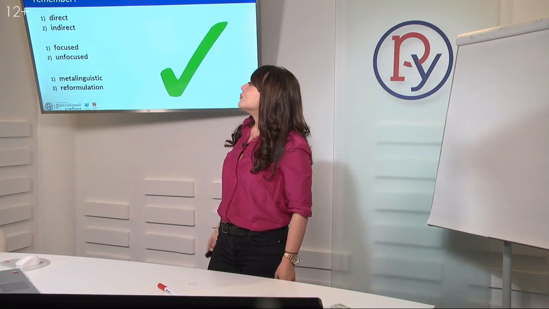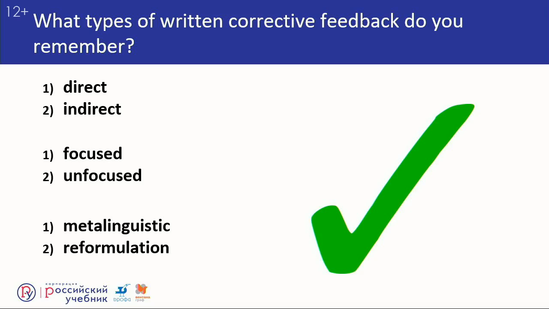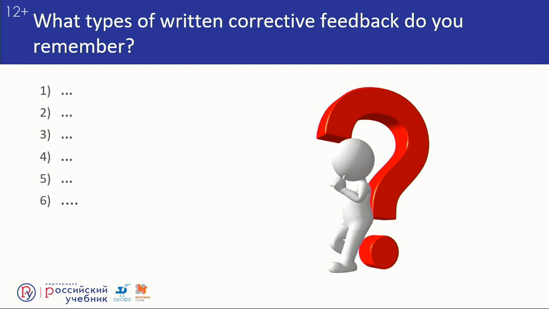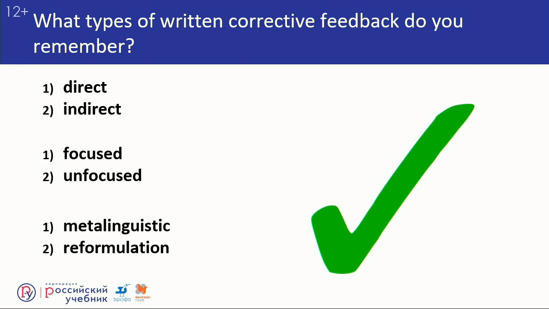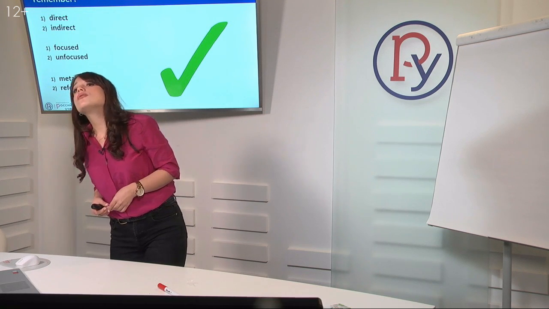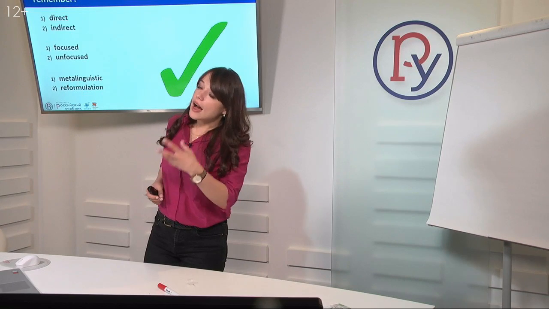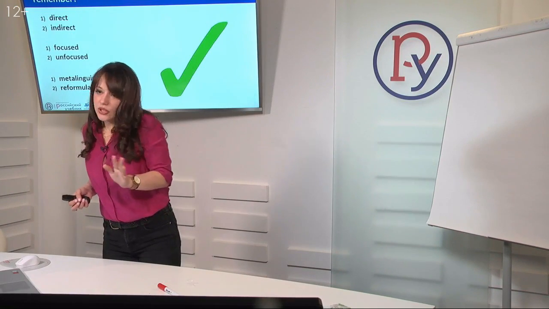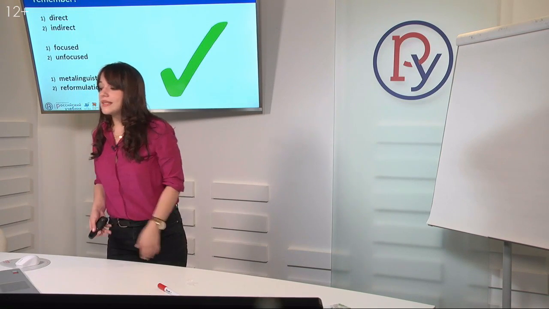Okay, so we talked about direct feedback, which means actually providing our learner with the correct way of writing this or that bit, right? We can use indirect corrective feedback, which is not providing our student with the correct way of writing this or that sentence, but just letting them know that there are some mistakes.